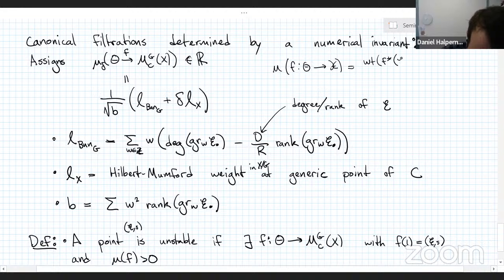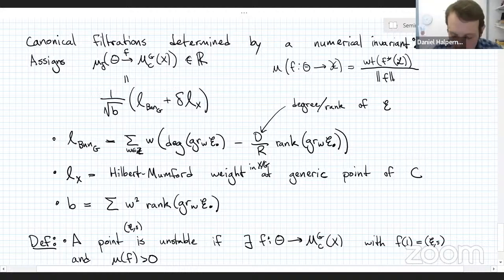So there's some line bundle on the stack, and you pull back the line bundle to A1 mod GM, and now it just has a well-defined weight at the GM fixed point. And so you say it's the weight of this line bundle divided by, and then you need some notion of a norm on F. So this is where it comes from in GIT. This is the formula that you get in GIT, and so this is a direct analog of that.